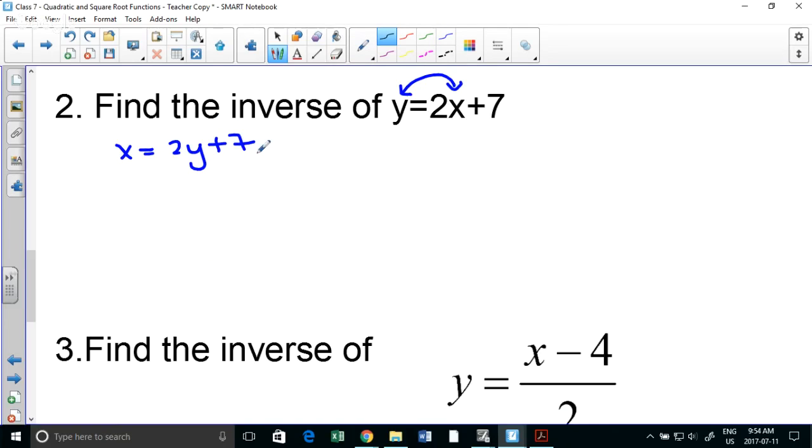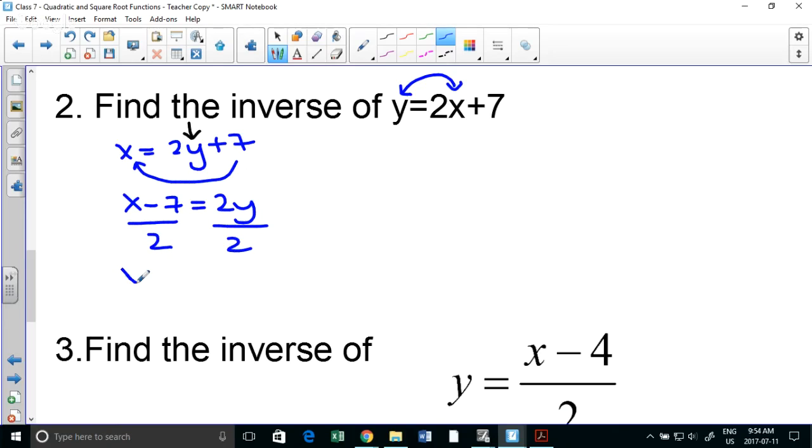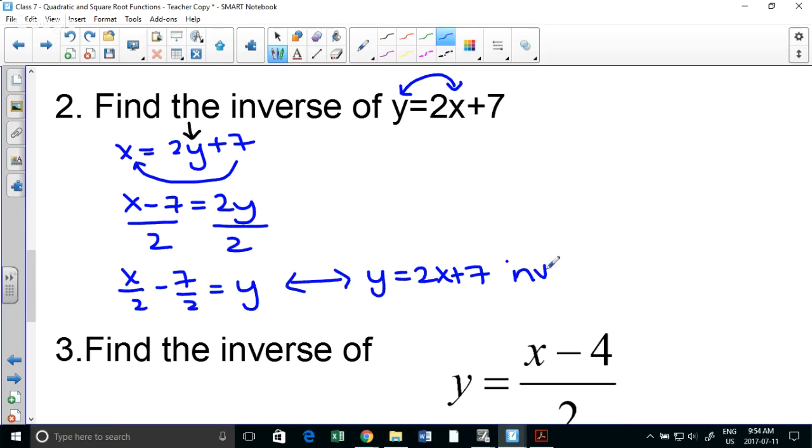But this is not a proper rule. Rules always have the y isolated. So I'm going to work to have the y isolated. I'm going to move this over. Then I'm going to divide by 2. That gives me x over 2 minus 7 over 2 equals y. So this and my original function are inverses.